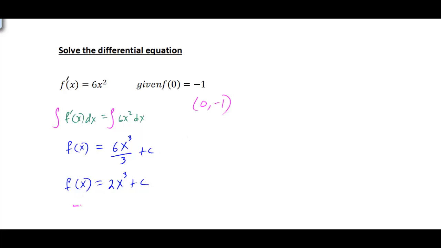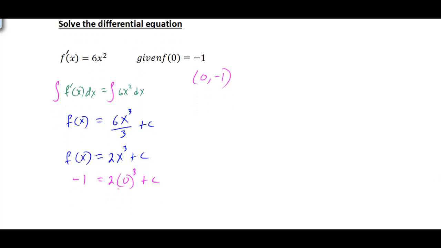So if we plug that into our function here, that's like saying f of x is negative 1, 2 times x cubed when x is 0, so that's 0 cubed plus c, and we simply solve for c. Well, 2 times 0 cubed cancels out, so we find that c is equal to negative 1. So then we can plug that into our function, and we would end up with f of x equals 2x cubed plus c.